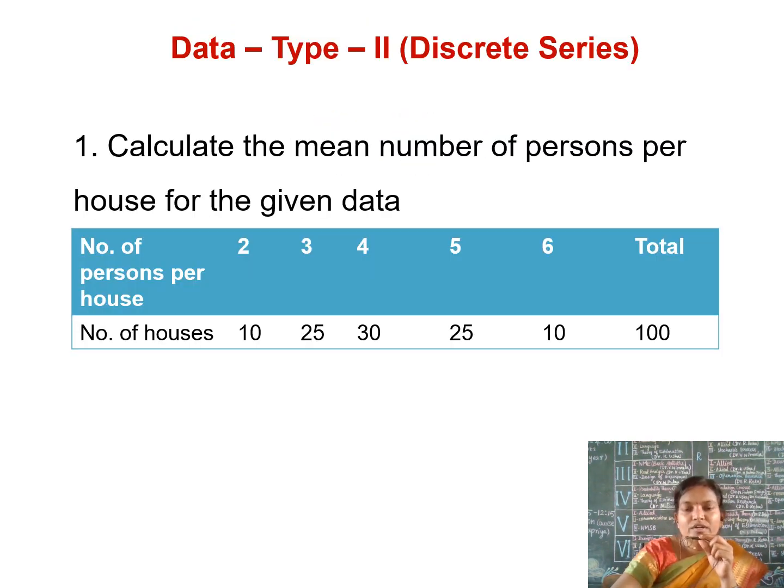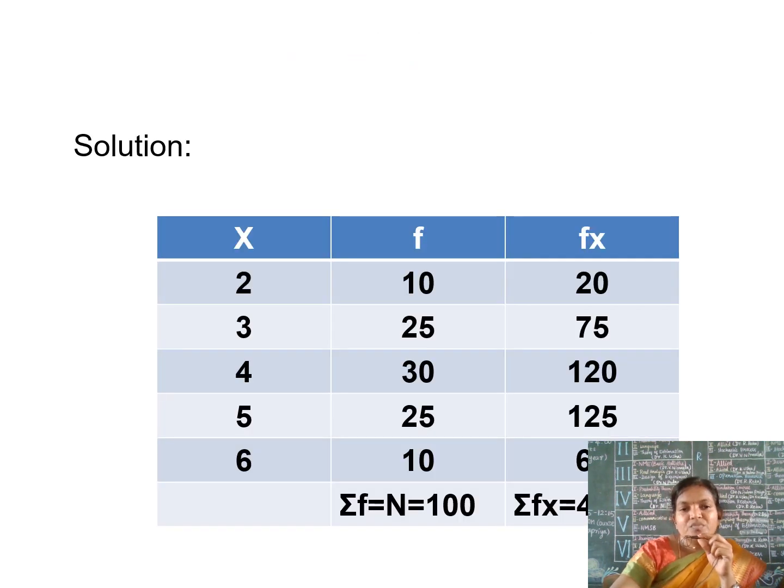Now we will see the discrete type of questions. Here you can see two rows of information: the number of persons per house and the number of houses. Calculate the arithmetic mean for this given data. In our question, the total values are also there.